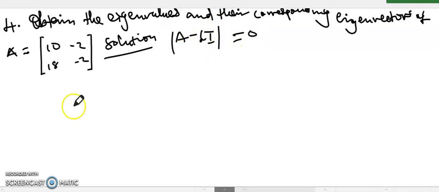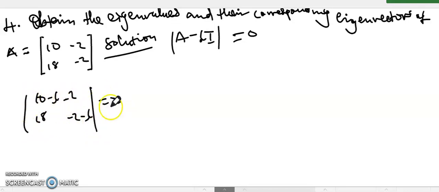If we multiply by the identity matrix, it will be 10 minus lambda, -2, then 18, then -2 minus lambda, and this determinant must be equal to 0.